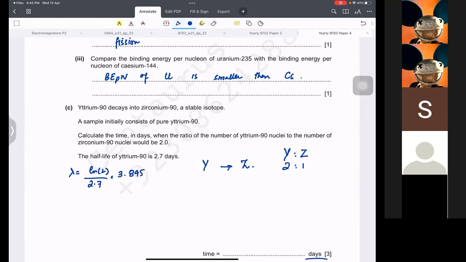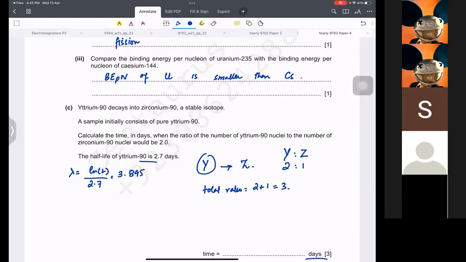Now if we look at the ratio, the total ratio that we have is 2 plus 1, that is 3. And what do we want to find? We want to find what happens to y. Am I the only one whose lambda is coming out different?